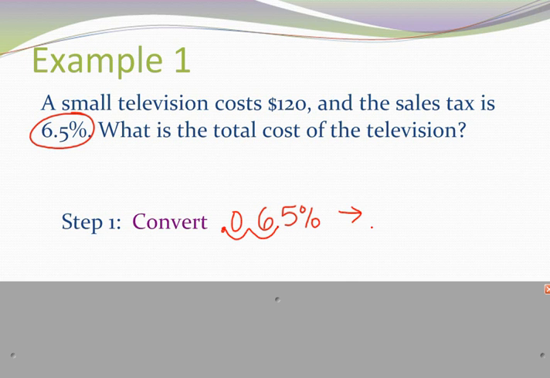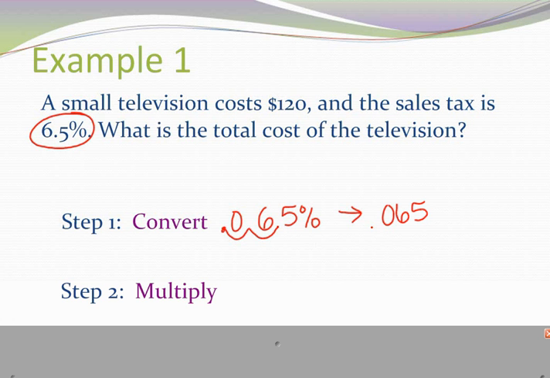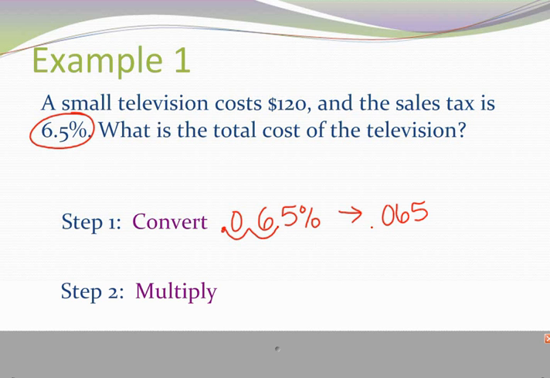So we have 0.065. Step number 2 is to multiply. I'm going to take my $120, which is the price of my TV, and multiply it by my decimal amount. Okay? And that's going to actually take some calculation. If you do that, you get $7.80.